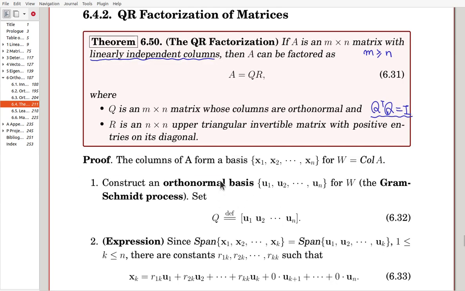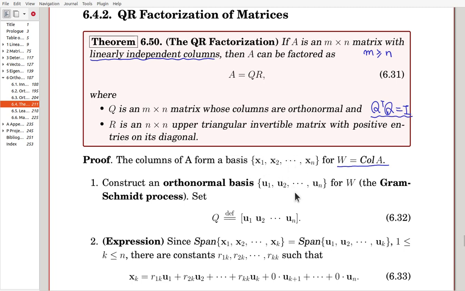First, because it has linearly independent columns, we can get an orthonormal basis for the column space of A. W is the column space of A, and the original columns will be a basis.